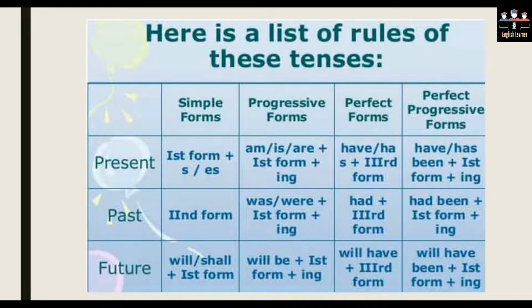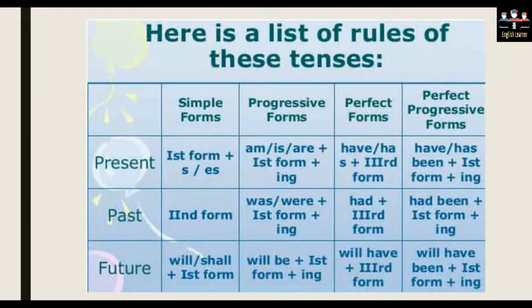Similarly, whenever you make a negative sentence, you will simply add not with it, and it will look like will not be, shall not be. And the same case applies in the interrogative sentence: will be and shall be, according to the subject, are placed at the start of the sentence, and it will give you a sense of interrogation.